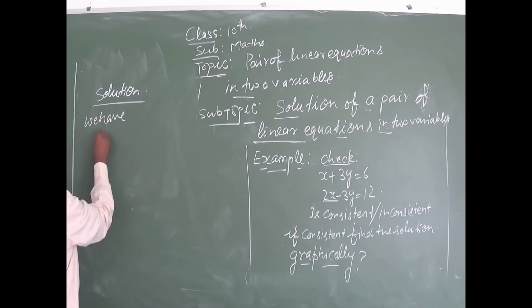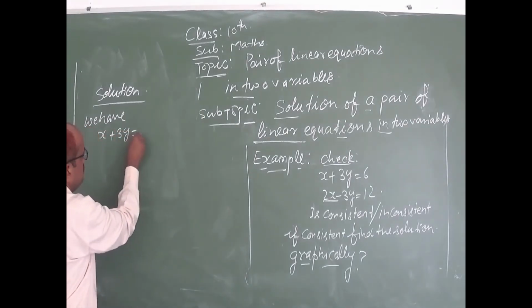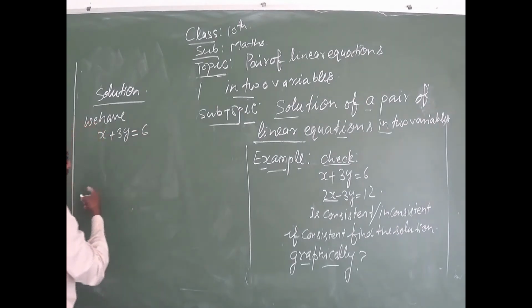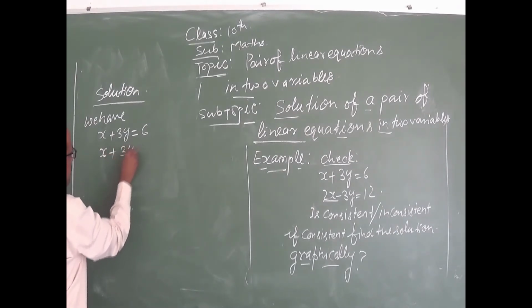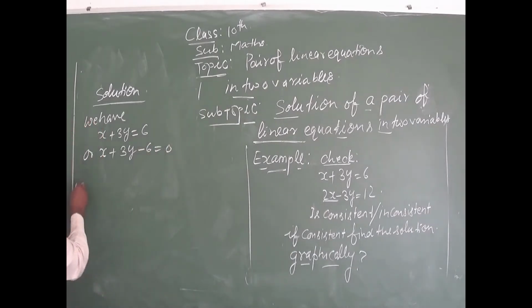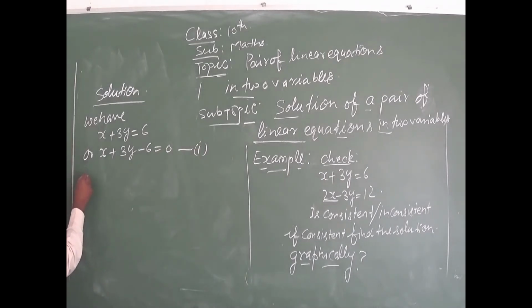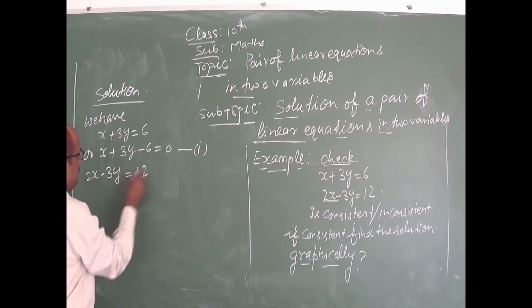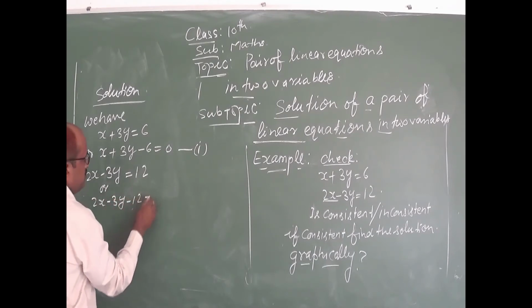We have x plus 3y is equal to 6. We can write it like this: x plus 3y minus 6 is equal to 0. This is the first one, and the second one is 2x minus 3y is equal to 12, or we can write that as 2x minus 3y minus 12 is equal to 0.